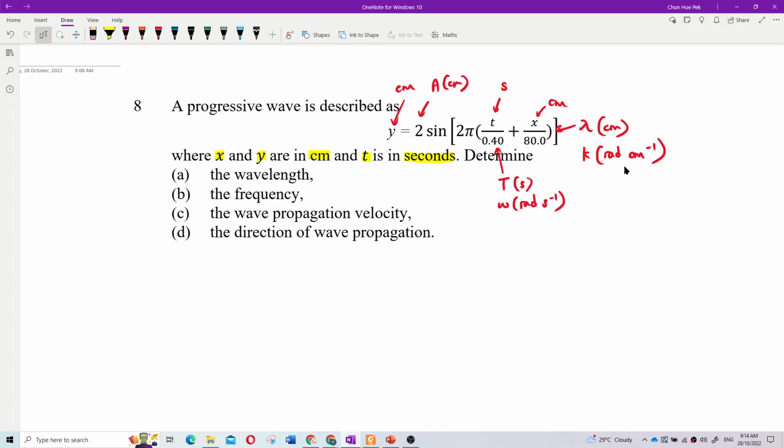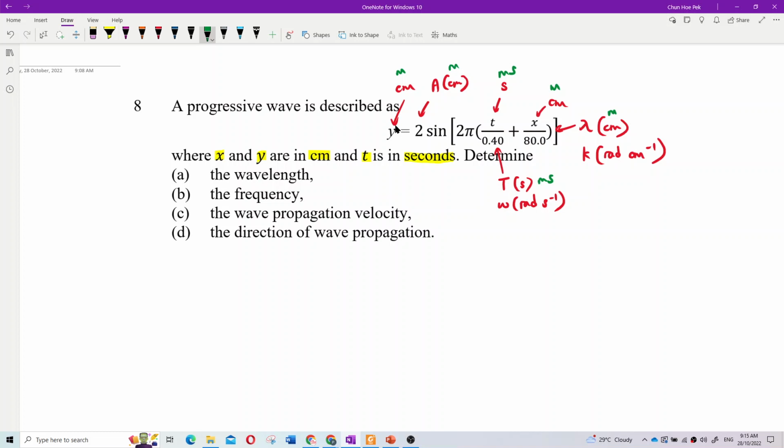Sometimes things will change. The time can be given in milliseconds, so the period will become milliseconds. If x is in meter, then lambda is in meter. If the displacement is given in meter, the amplitude will be in meter.